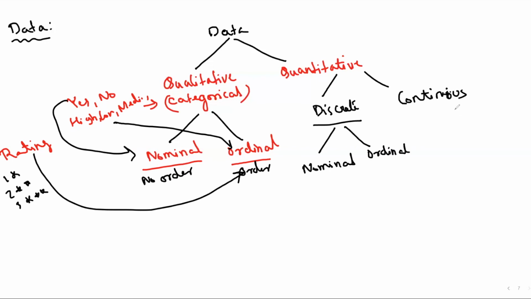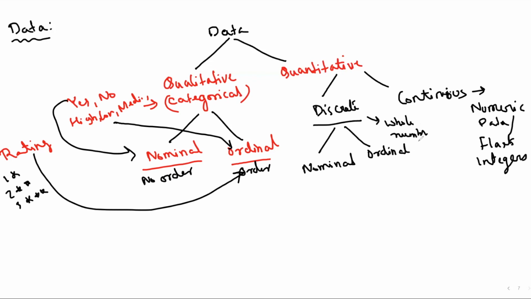And continuous, these are just numeric data. Numeric data like floats, integers. I believe you know floats, integers, right? And discretes are basically whole numbers. Deals in ranges, basically.